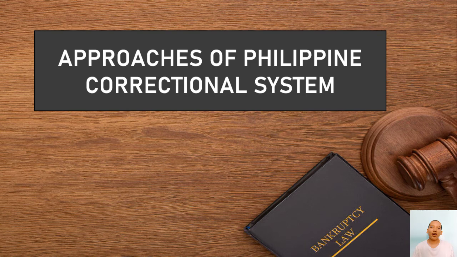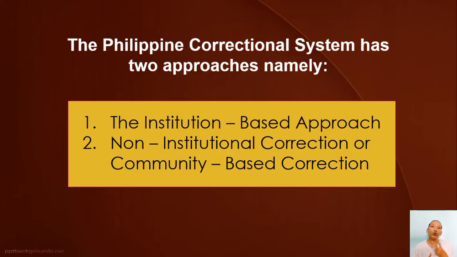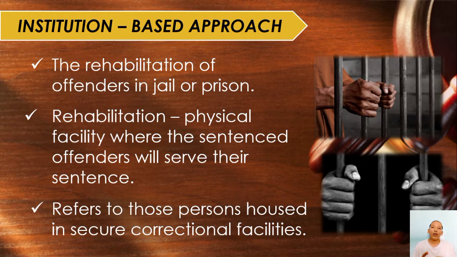So next is approaches of the Philippine correctional system. There are two approaches, namely the institution-based correction and non-institutional correction or community-based correction. When we say institution-based approach, it is the rehabilitation of offenders in jail or prison, the physical facility where the sentenced offenders will serve their sentence.